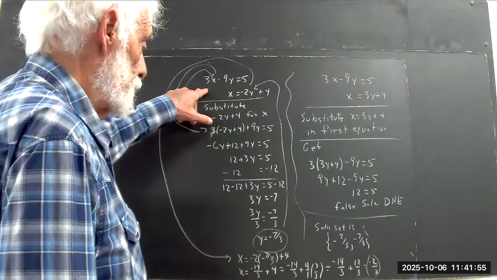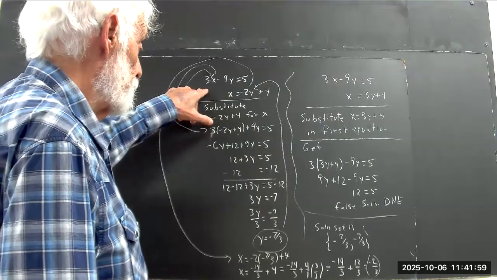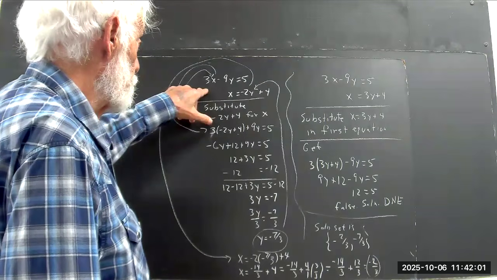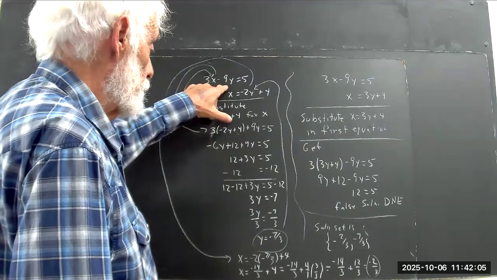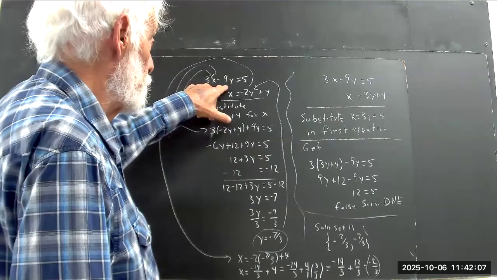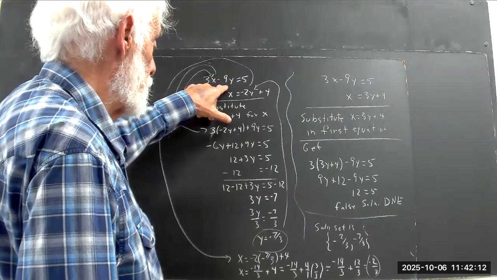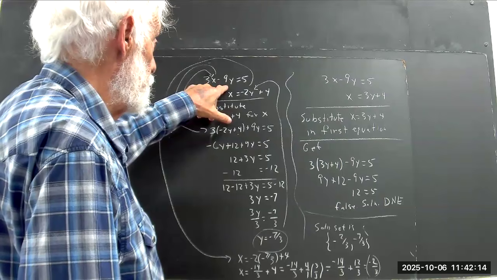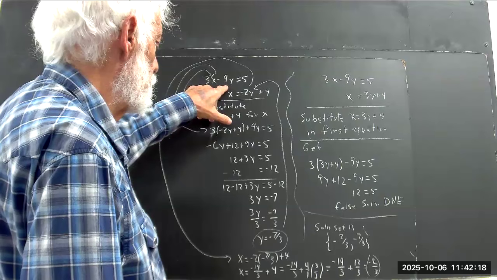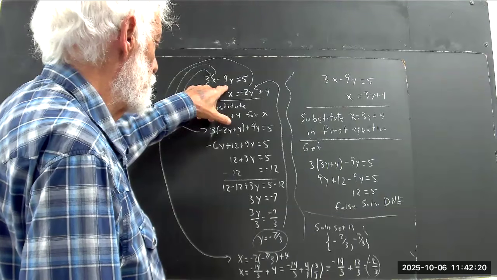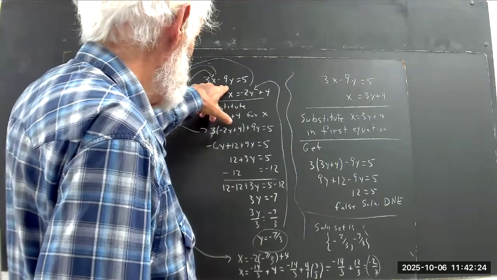If we put that into the first equation, 3 times -14/3 is -14. 9 times -2/3 is +18/3. No, sorry. It's 9y times -7/3.